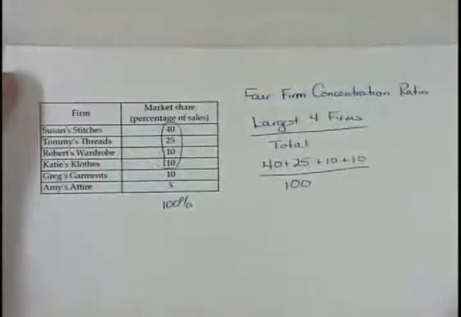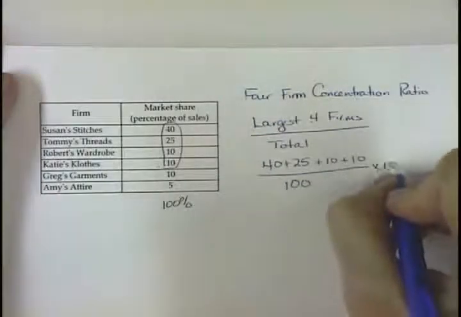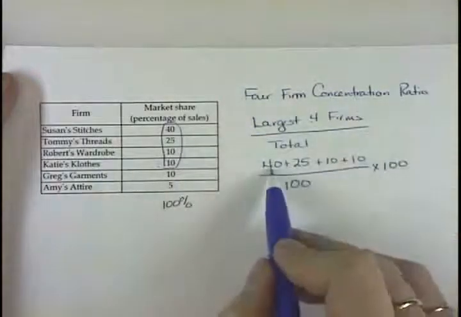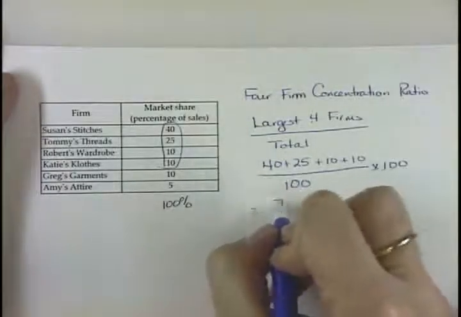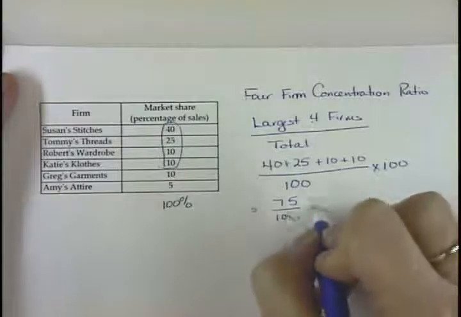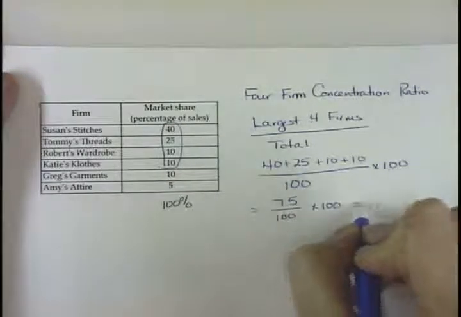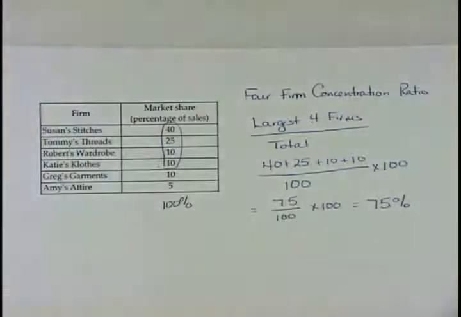So we're going to divide that by 100, and then multiply it by 100 to make it a percentage. So 40 plus 25 plus 10 plus 10 is 75, divided by 100, multiplied by 100 to make it a percentage. So the top 4 firms in this industry make up 75% of all total sales in that industry.